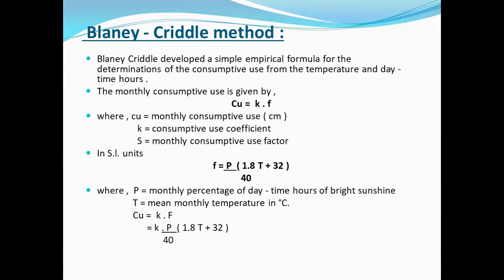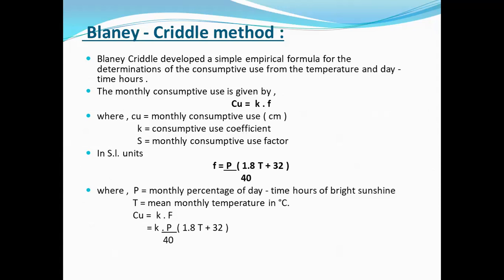Blaney Criddle developed a simple empirical formula for the determination of consumptive use from the temperature and daytime hours. So this method was developed by Blaney Criddle, with the help of temperature and daytime hours.